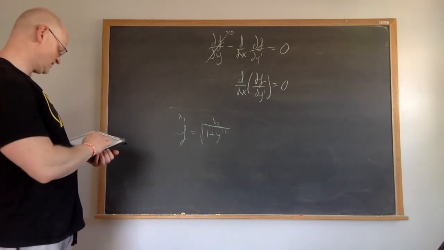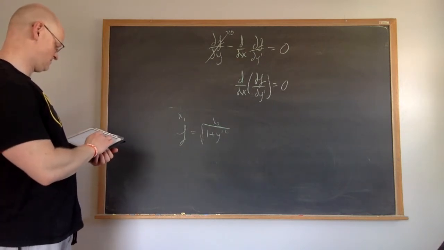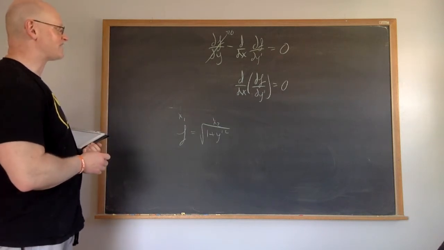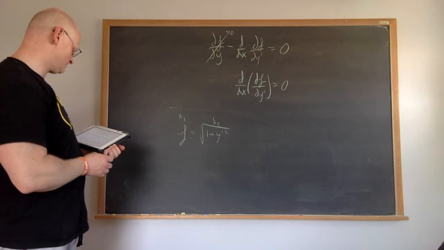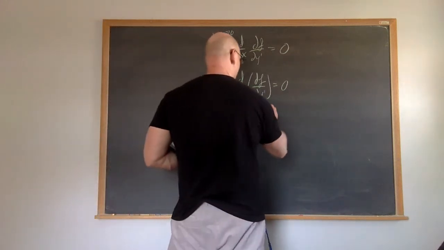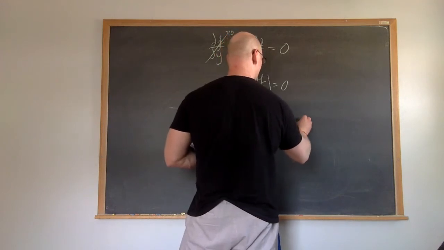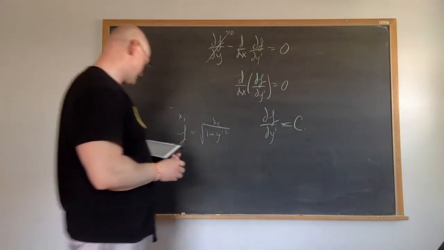Well, since this is equal to 0, that means this must simply be equal to a constant. So the partial of f with respect to y prime must be equal to some constant, which we simply call c.